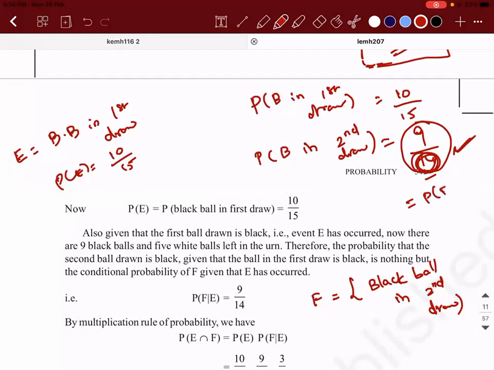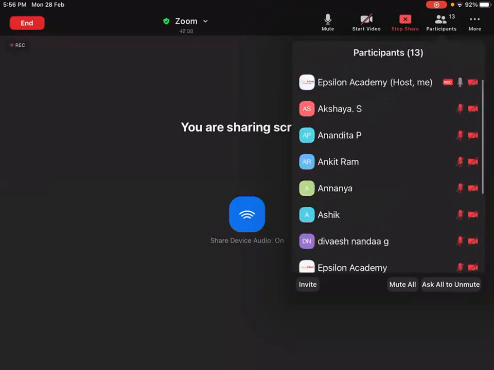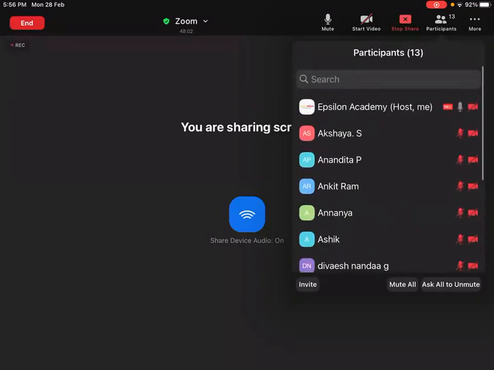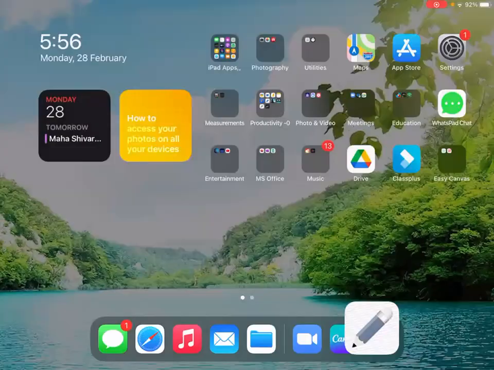Is it probability of F or probability of F given E? So what is the right answer for this? What is the answer, guys? So is it probability of F or probability of F given E? What is right?